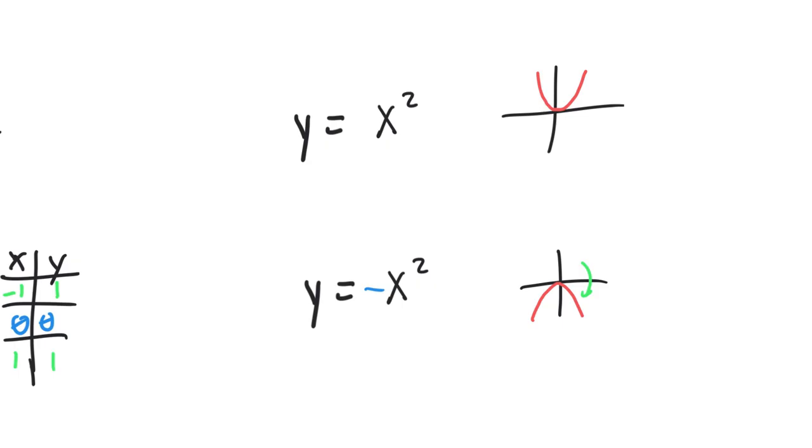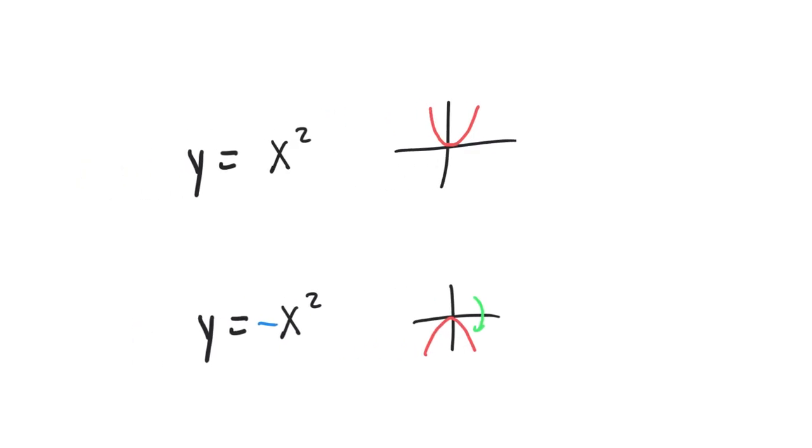Okay. So that is what the presence of this negative in front of the x squared would do to what used to be this upright U shape. It flips it upside down. So that's something to take into account.